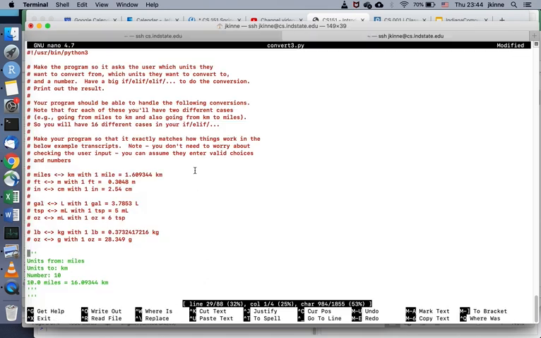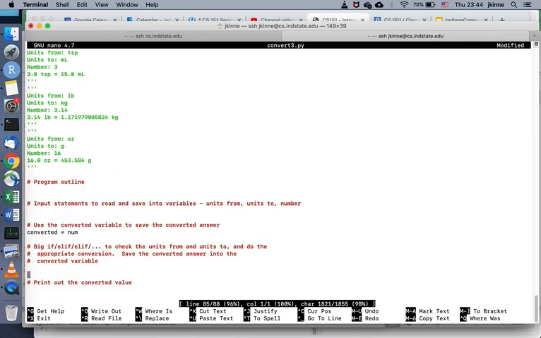And the ones that you have to be able to do are these. Each one of these is kind of like 2 cases, because you could be going that way and you could be going that way. There's 8 of these, so altogether there's like 16 cases. All right, so these are examples of running the program with converting different units.